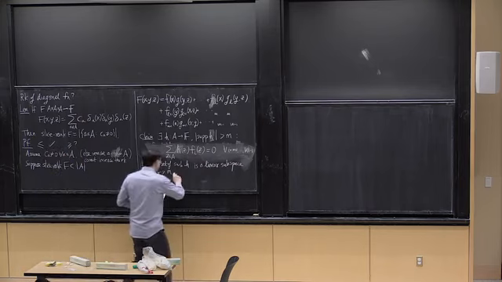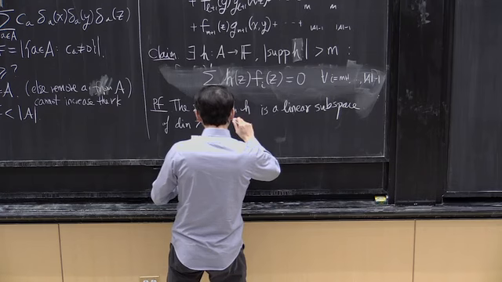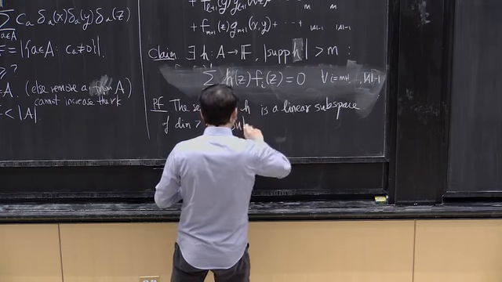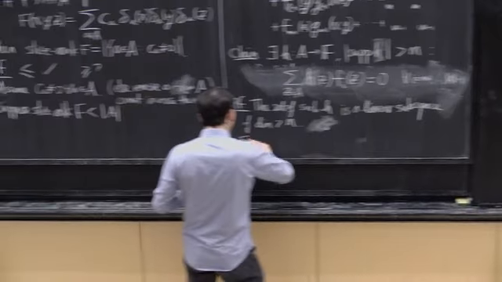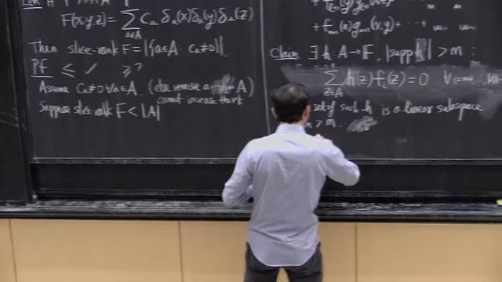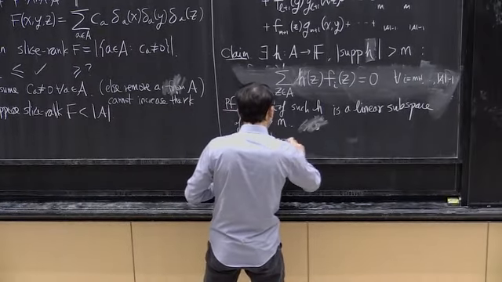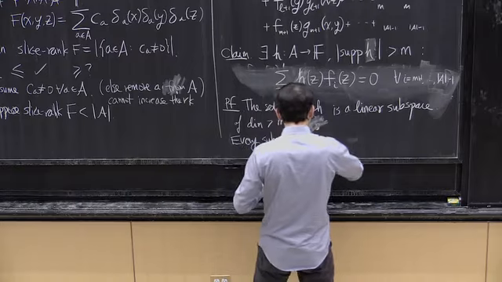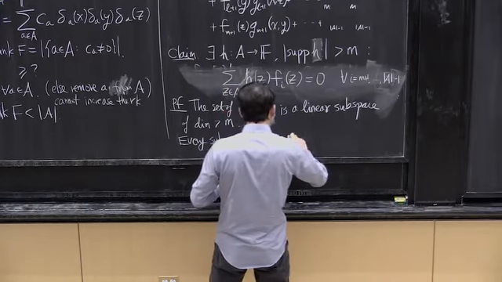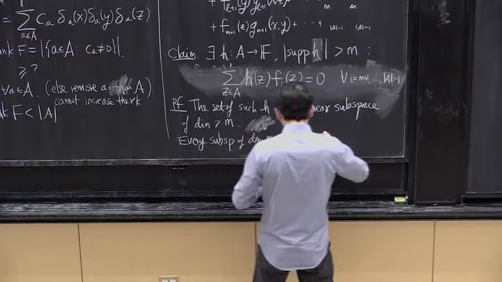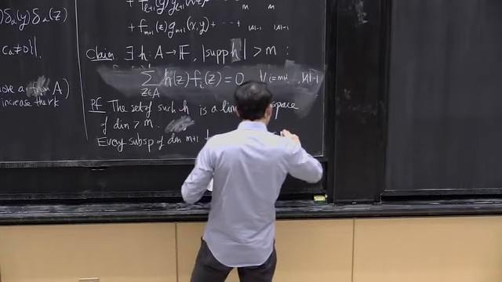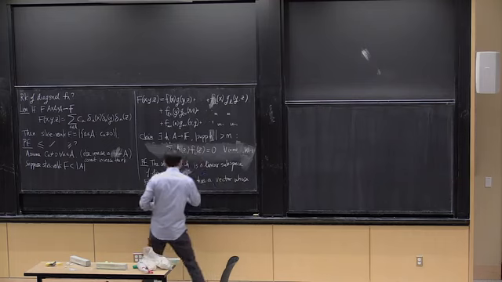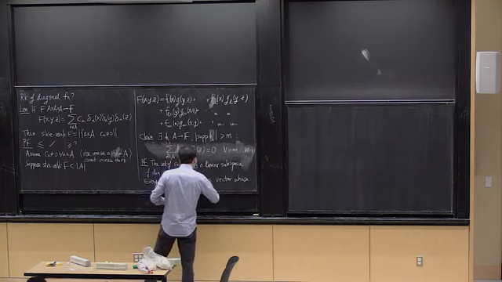And furthermore, it is also true, and this is a linear algebraic statement, that every subspace of dimension m plus 1 has a vector whose support has size at least m plus 1.